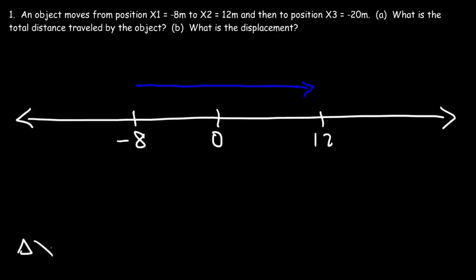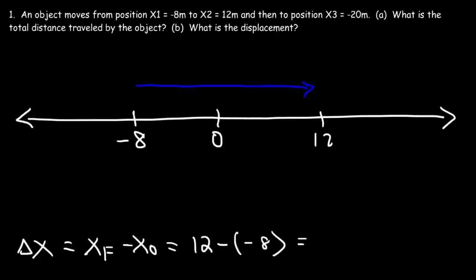To find the displacement, it's the final position minus the initial position. So the final position is 12, just for the first part, minus an initial position of -8. 12 minus -8 is the same as 12 plus 8. So right now the object traveled a distance of 20 meters to the right.